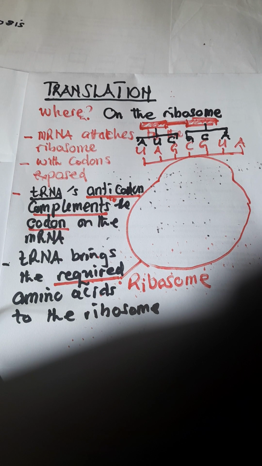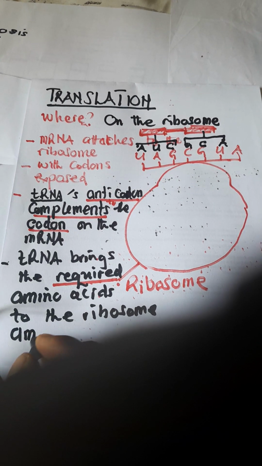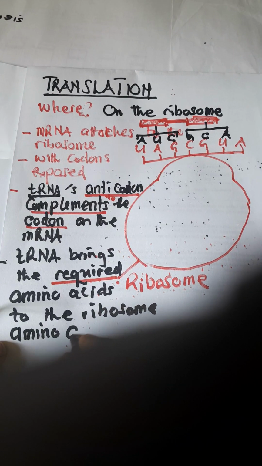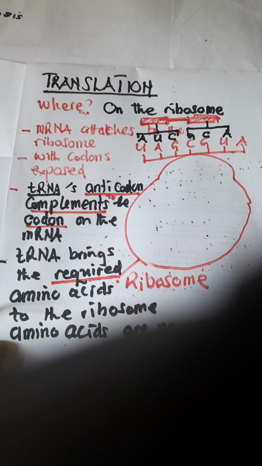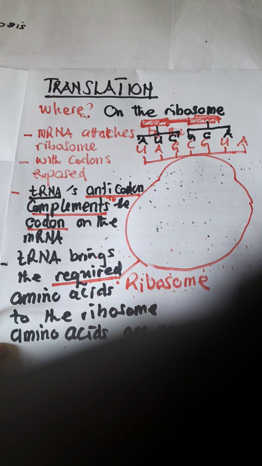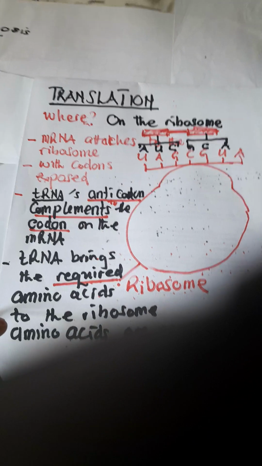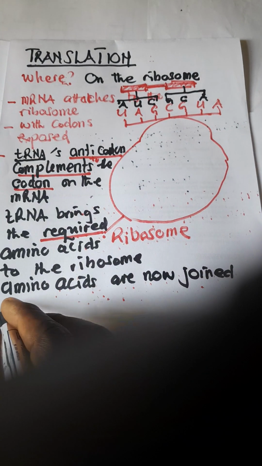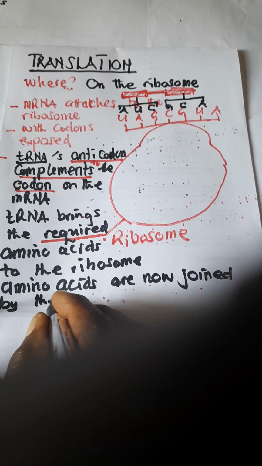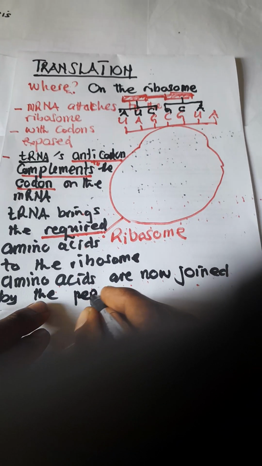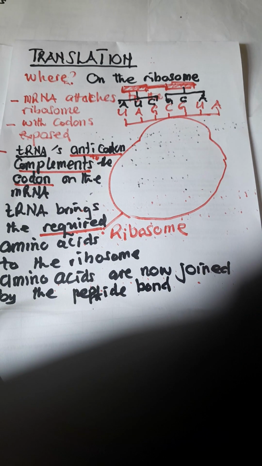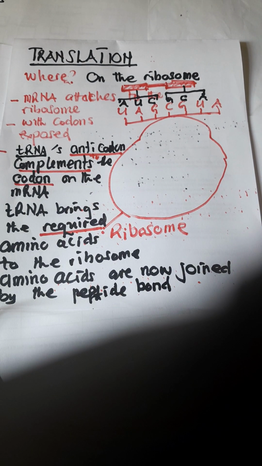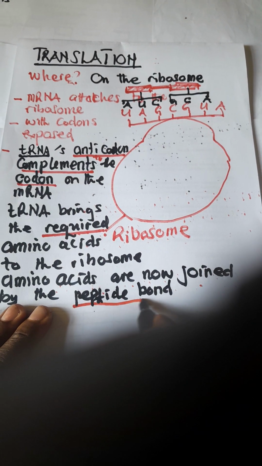So we want to say the amino acids are now joined by the peptide bond. This is very important. It's a new terminology that's being introduced here. So we've got the peptide bond.